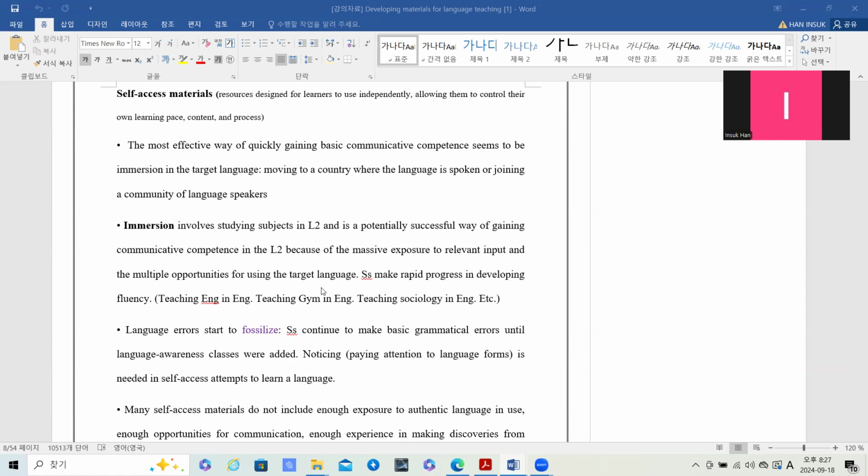As one of the overseas learners, I started my master's in Australia, and for the PhD in the UK, I think I also gained significant merit from my experience with immersion learning in the target language context. Students make rapid progress in developing fluency.